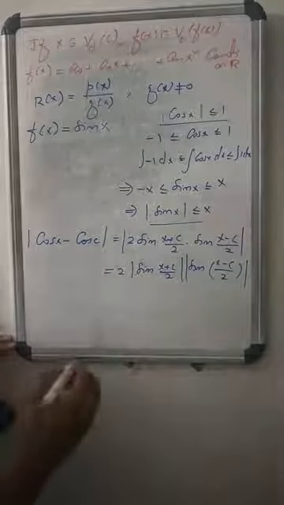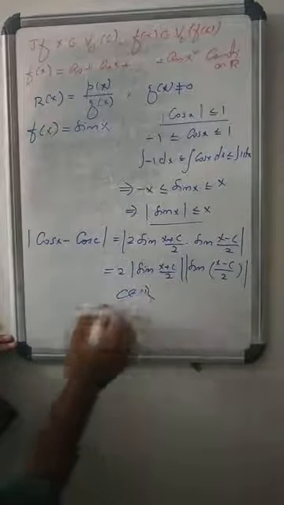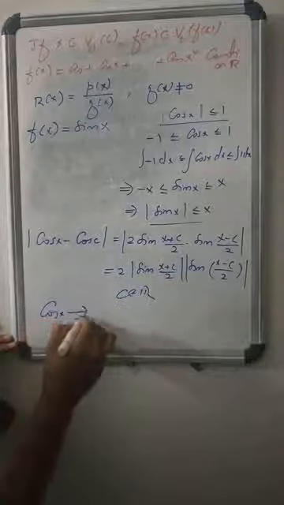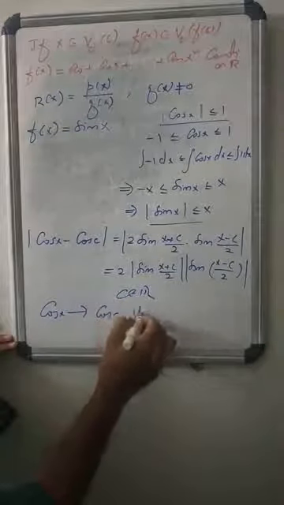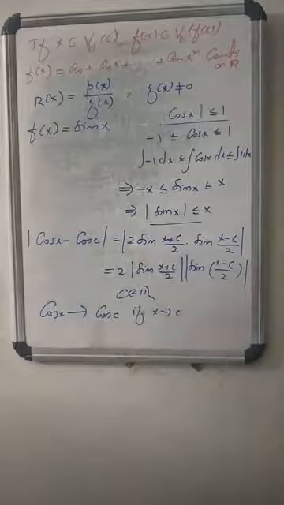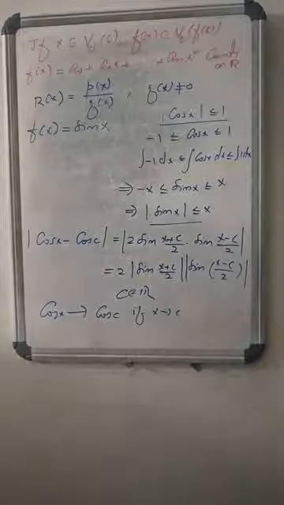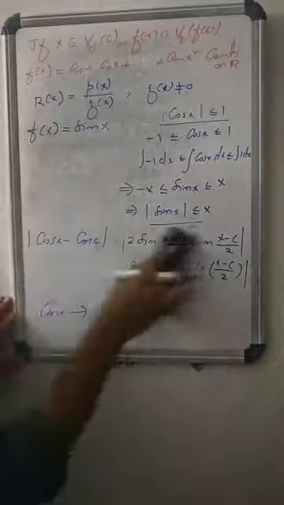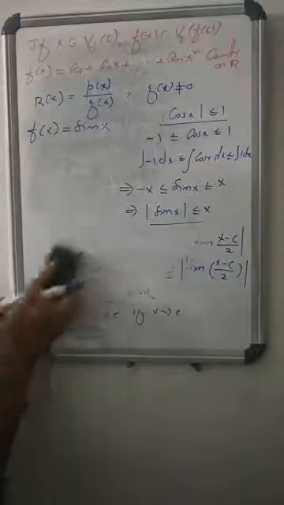Since c is arbitrary, we have cos x tends to cos c if x tends to c. Therefore, the cosine function is also continuous. So sine and cosine functions are continuous.